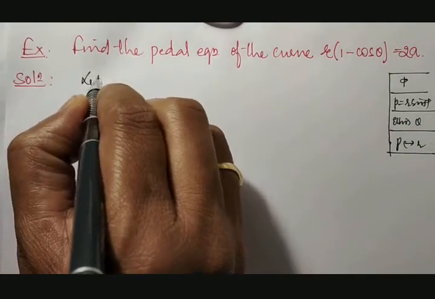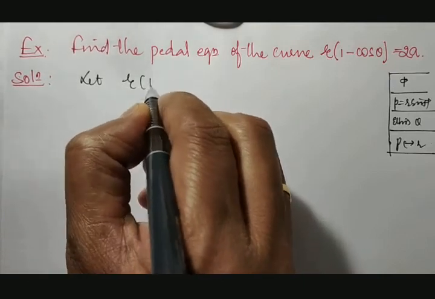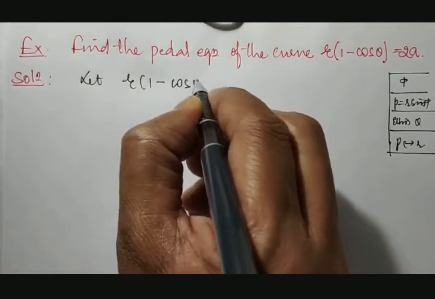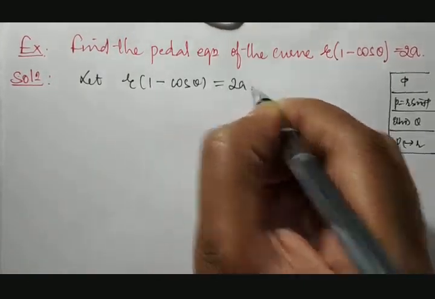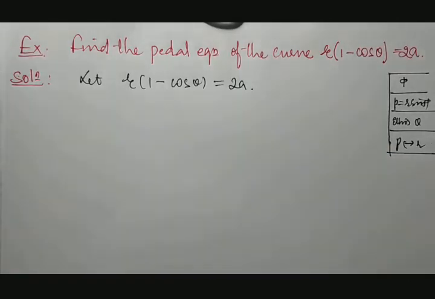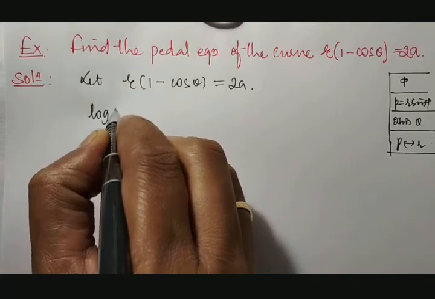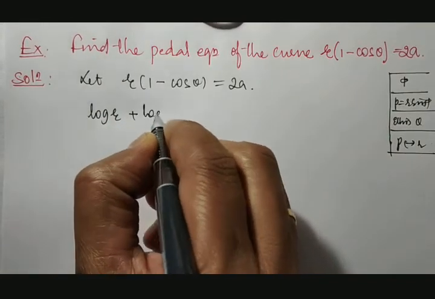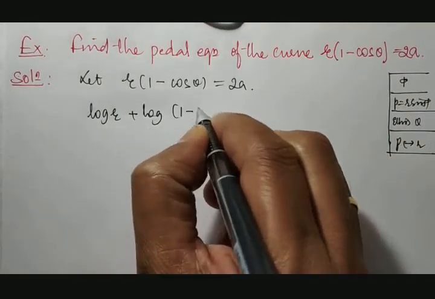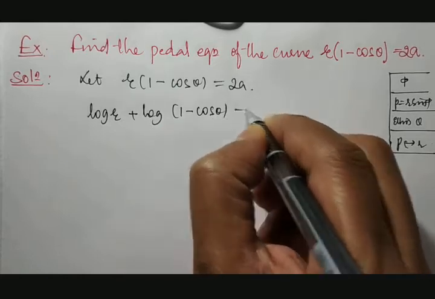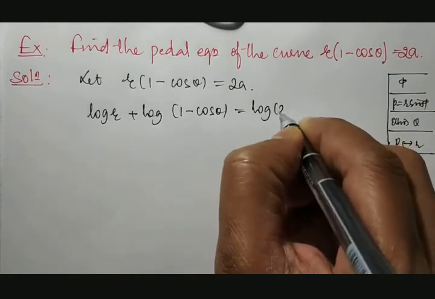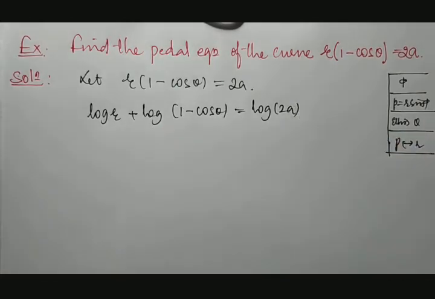First, let me consider the given curve r(1 - cos θ) = 2a. Since it is a polar curve, apply log on both sides. Then it becomes log r + log(1 - cos θ) = log 2a. Both are constants, so I'll keep it in the same term.